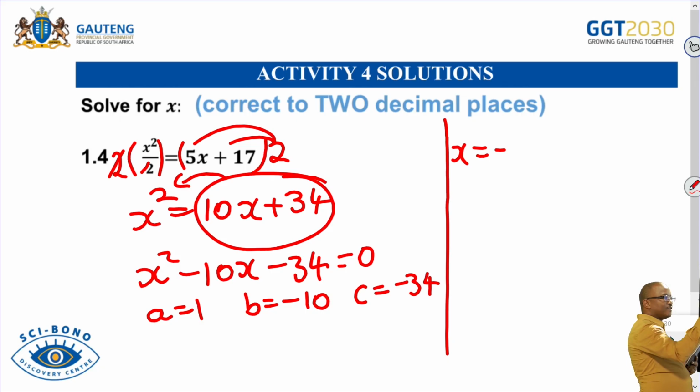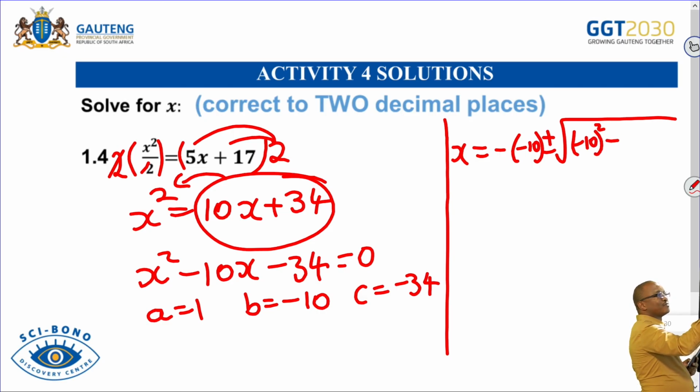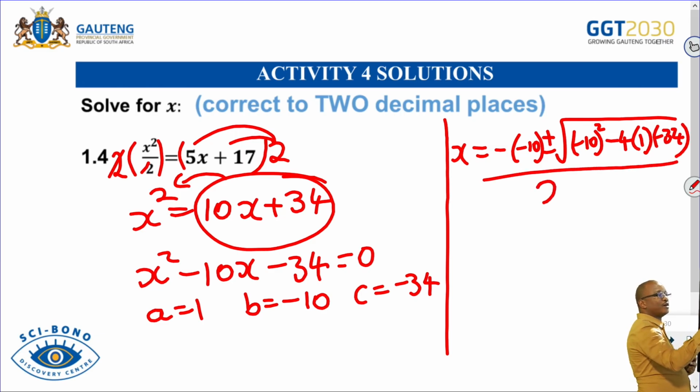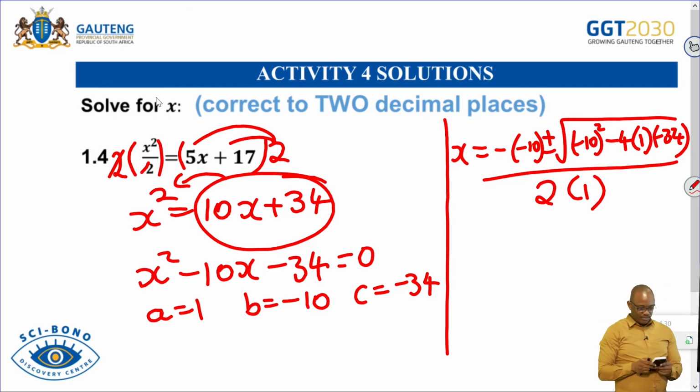Then we're going to have negative negative 10 plus or minus the square root of negative 10 squared minus 4 times 1 and negative 34, all over 2 times 1. Correct. So now, as you punch this in your calculator, let's see what we get.